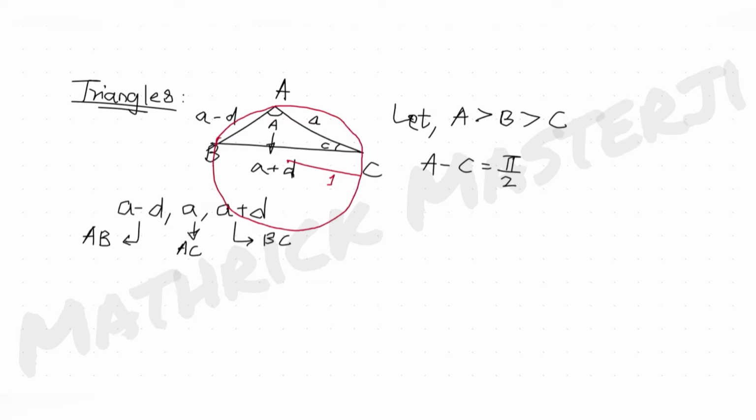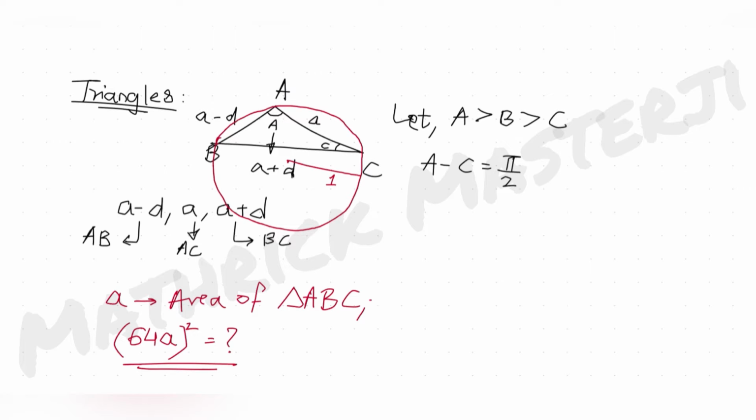If A is the area of triangle ABC, the question asks us to find the value of (64A) whole squared. We haven't been given any answer choices in this question, so we need to figure out the correct answer. Let's see how to solve this question.